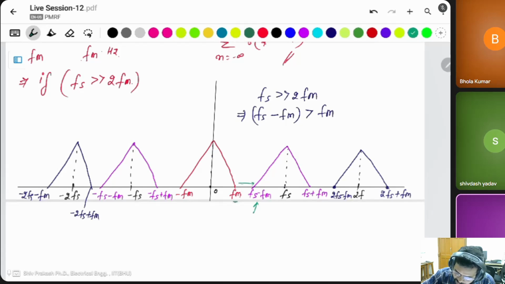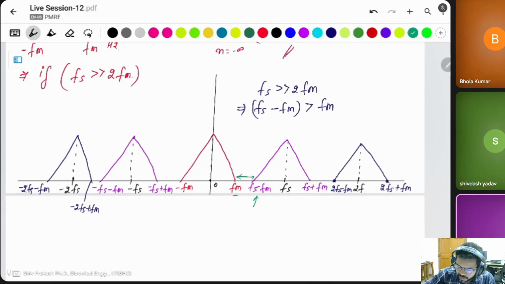That's why there is some gap between them. In sampling, the original sample occurs after some time period. Here is some gap between them because Fs minus Fm is greater than Fm.